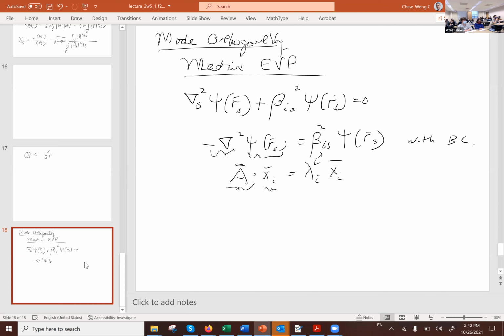If you have the bottom problem, if A is a Hermitian matrix, what do you know about the eigenvectors from matrix theory? If A is Hermitian, have you all had courses in matrix algebra?